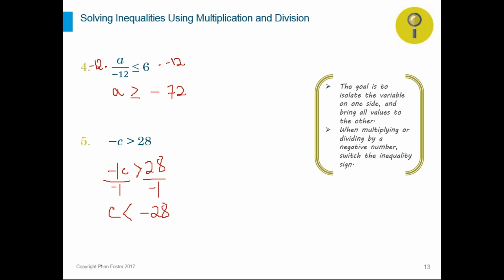Now, I just wanted to share something with you for the reasoning and for our own knowledge. Why do we switch the sign when we multiply or divide over a negative value? I want to give you an example, just to know why we do that instead of just doing it without understanding. Negative 10 is of course less than 1. It's a negative and that's a positive. Let's multiply both sides times a negative 2.